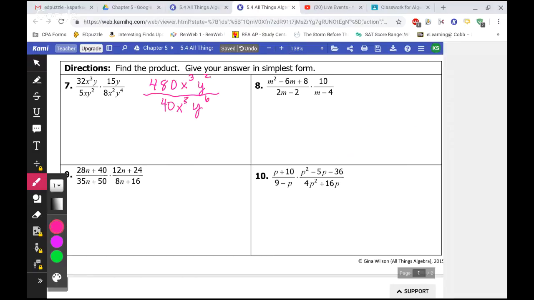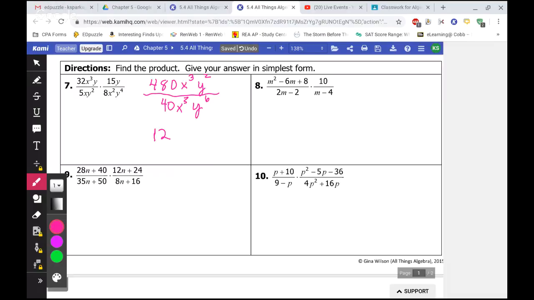And now you're going to reduce. 40 will go into 480 12 times. And then you'll use your exponent rules. You've got x to the third over x to the third. 3 minus 3 is 0, so that's just x to the 0, and anything to the 0 power is always 1.